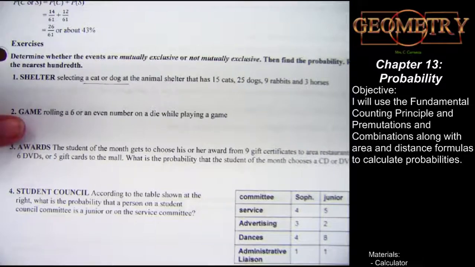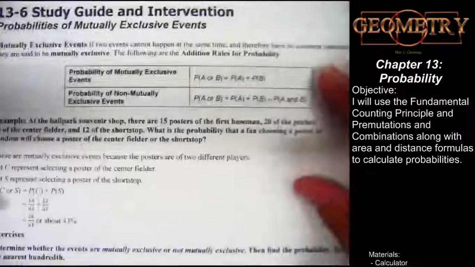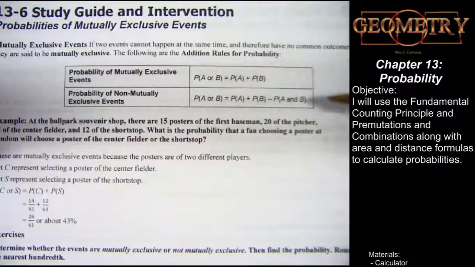And if they can happen at the same time, it's not mutually exclusive. Once you've determined that, you will use one of these two formulas to help you find the overall probability of these two events happening. Okay? Yes? Flip on the back.